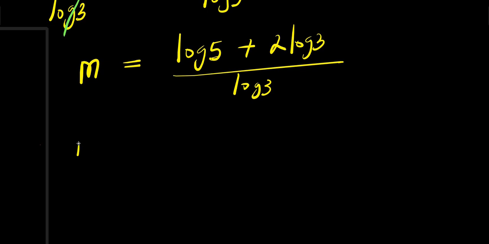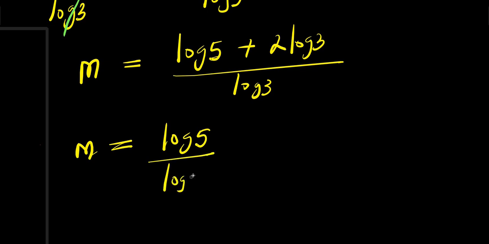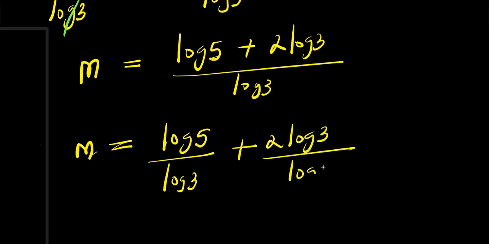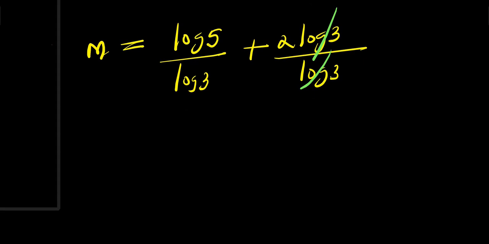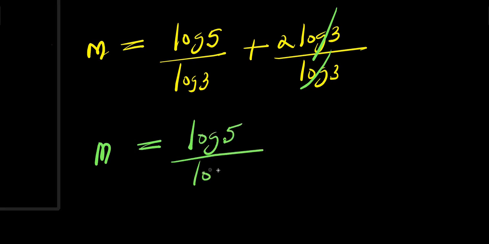So from here, we have m equals log 5 divided by log 3 plus 2 log 3 divided by log 3. So from here, this eliminates this. So we simply have m equals log 5 divided by log 3 plus 2.